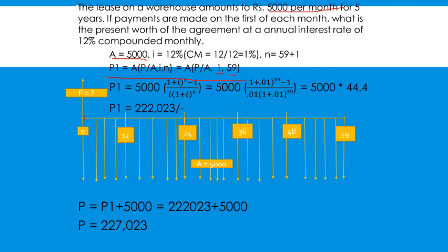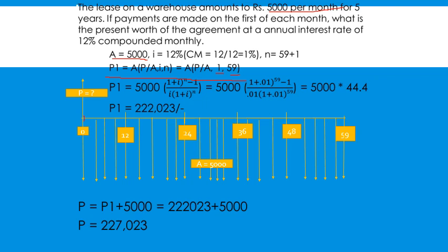Okay. Why 59? In my previous session, in one slide, I had explained points to remember. In that I had very clearly said that in the relationship between P by A, the first A starts from 1 year from T equal to 0. Or, since in this case it is monthly compounding, it is 1 month from T equal to 0.